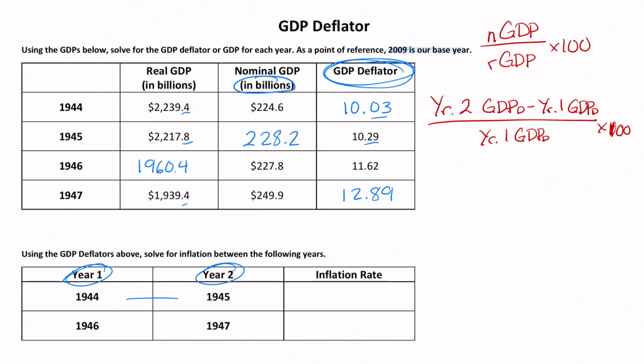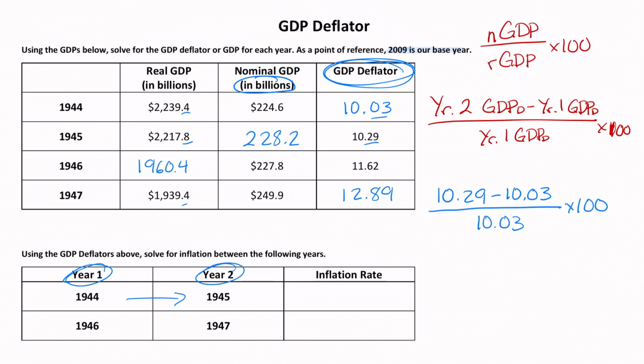So let's compare 1944 to 1945. So what we have is we have the later of the 2 years. So 1945, we had 10.29 minus 10.03. That gets us 0.26. And then we divide that by the earlier of the 2 years, again, year one, 10.03 times 100.